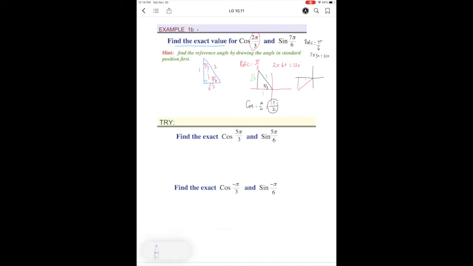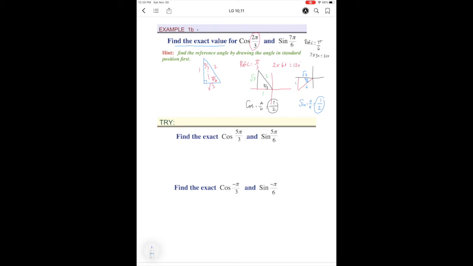I'll put my reference angle in as pi over 6. I know this is 1, 2, root 3. And now I'm doing sine, which is the opposite over the hypotenuse. So I get 1 over 2.